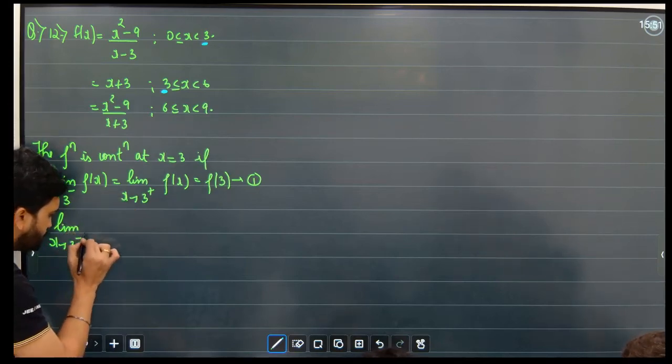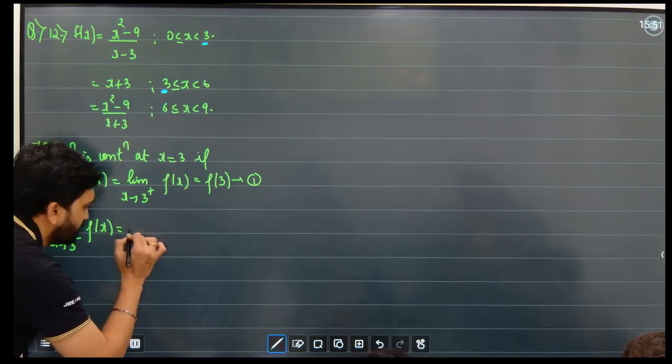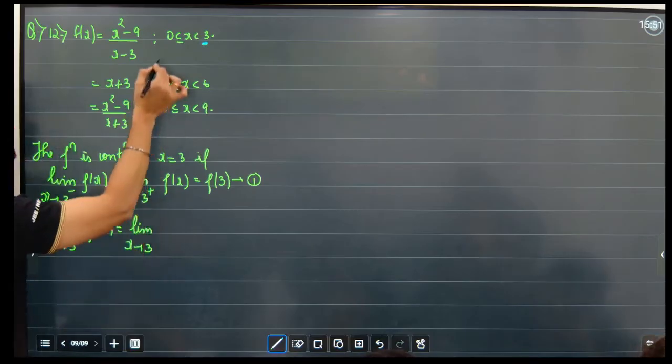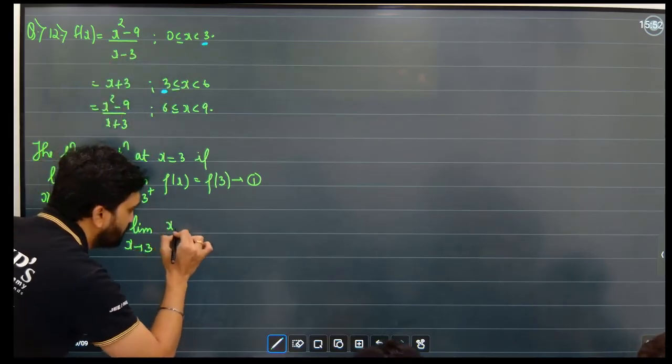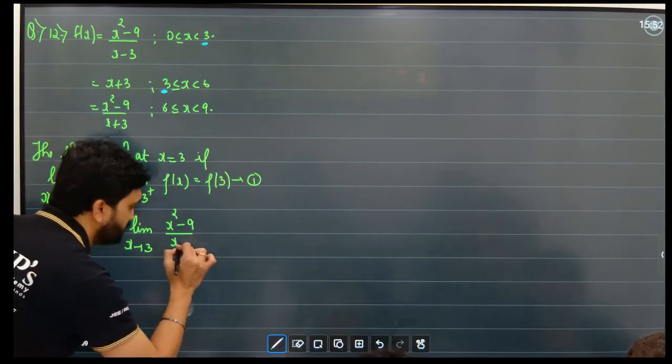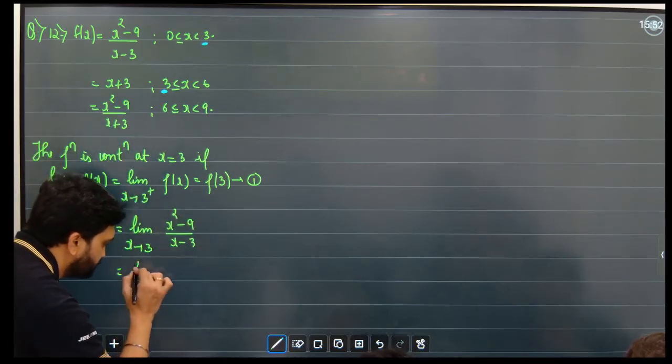Limit x tends to 3 minus f of x is equal to limit x tends to 3. Guys, 3 minus f of x is x square minus 9 upon x minus 3. I'll simplify this.